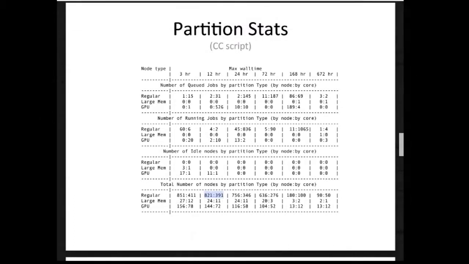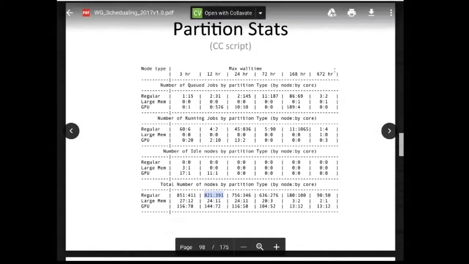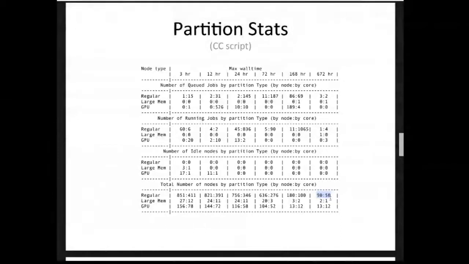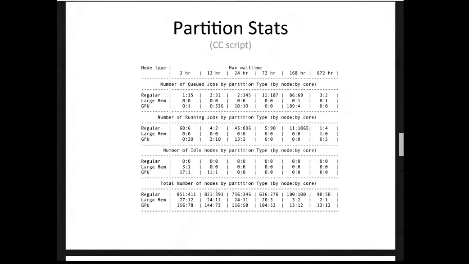And if you're asking for 28 days, there are only 90 nodes in total available, and 50 of those if you're asking by core. So you're better off asking for a shorter wall time. Also, these numbers are subject to change, as we tweak them to make the system efficient and effective.